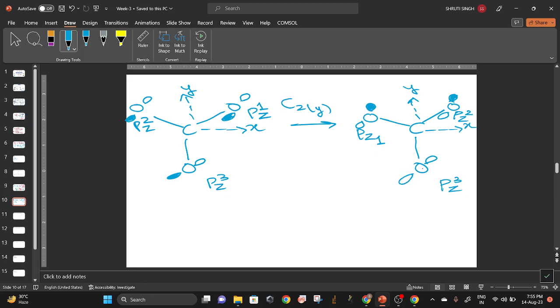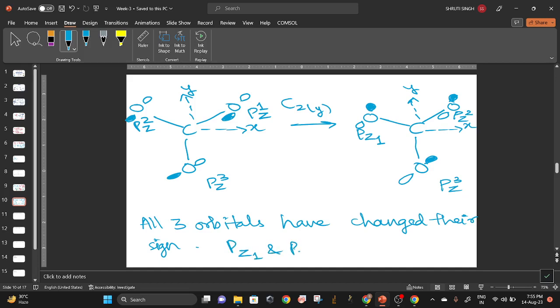The atom is rotating but not changing its place, rotating on its own axis, so the lobes will change. So all three orbitals have changed their sign, and pz1 and pz2 got exchanged.